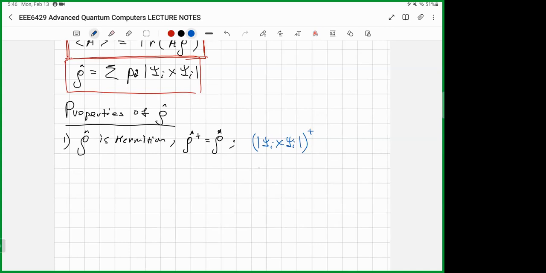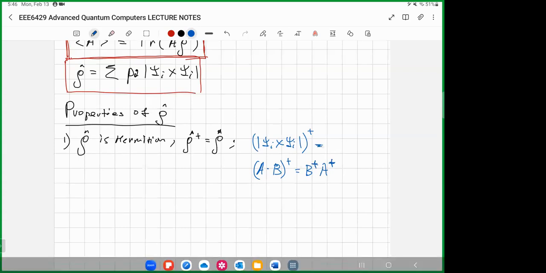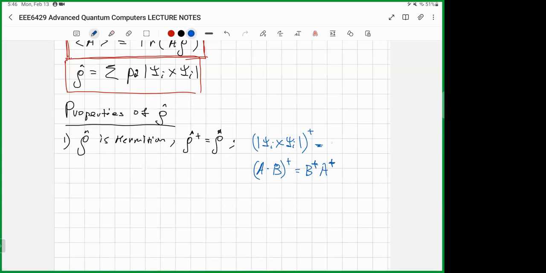we take the dagger, the Hermitian operation. I remind you that taking the dagger of two operators A and B gives you operator B dagger times operator A dagger, right? So it will be |psi_i> dagger and then <psi_i| dagger.